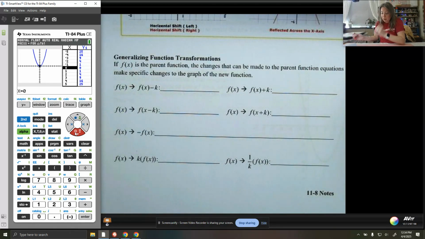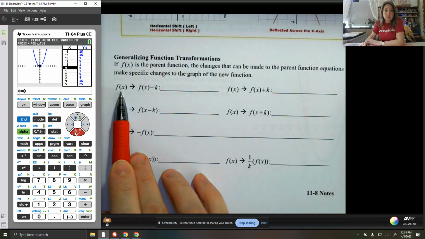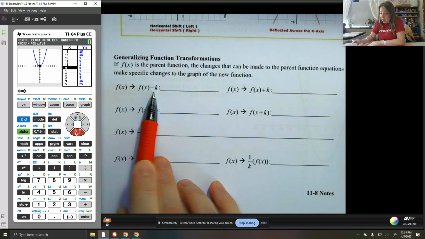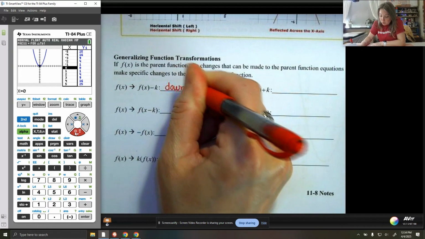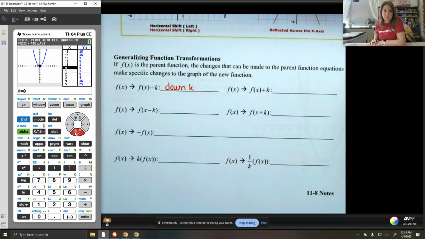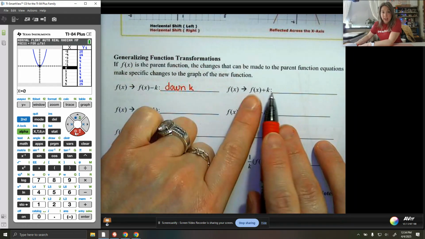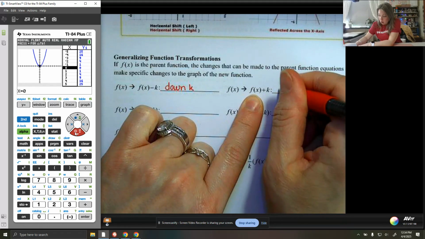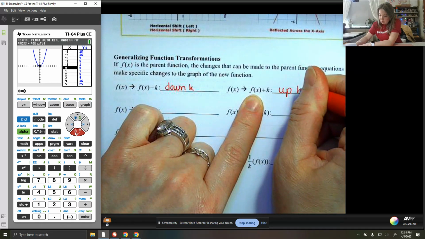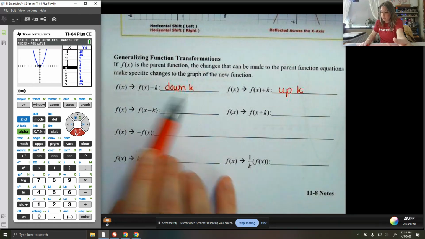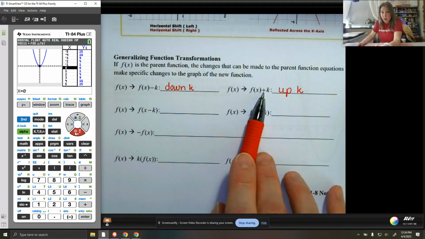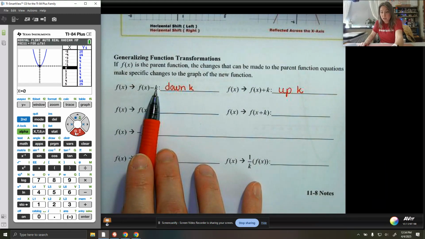So when we take our original f of x and we subtract k from the back, that means we are going down k number of places. If we add k to the back, that's up k number of places. Whatever that k value is. If it's a minus 5 back here, we go down 5.